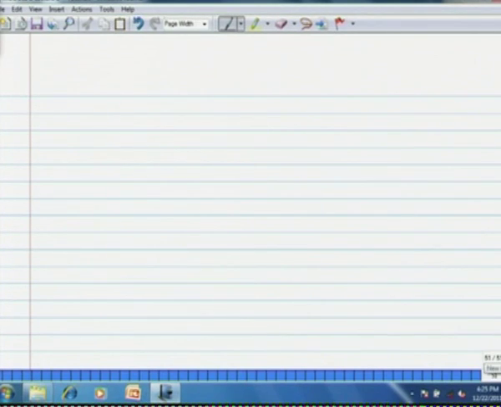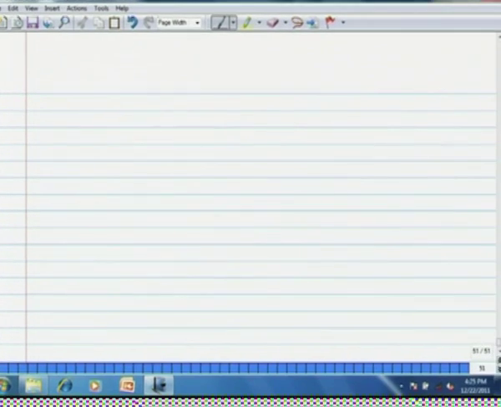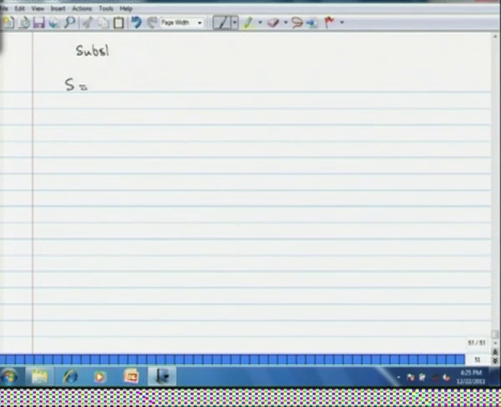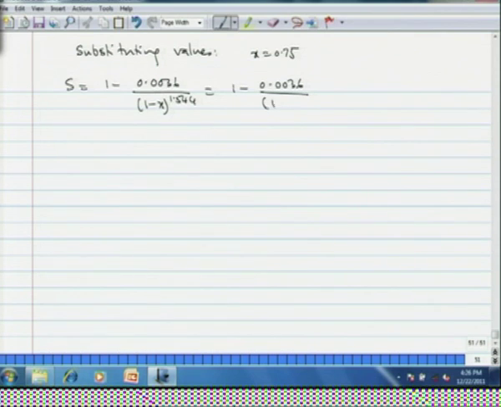We substitute the values in these expressions. The selectivity S is 1 minus 0.0036 divided by (1 minus x) raised to 1.544. Now, if you substitute x equal to 0.75, that is the per pass conversion, then we get S equal to 0.9694.